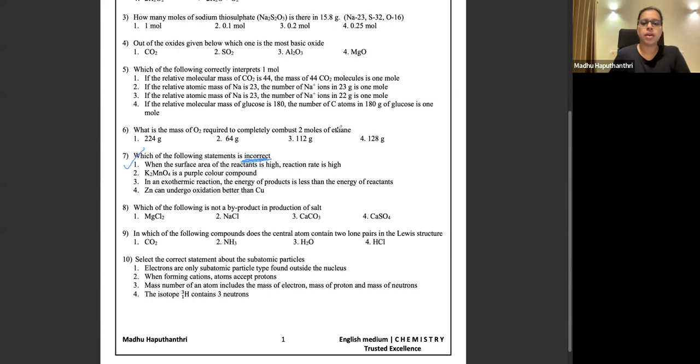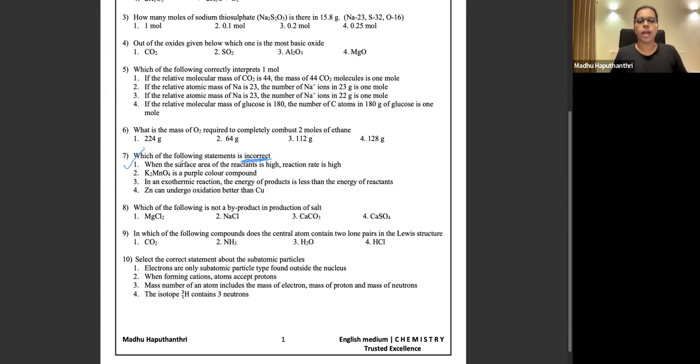So more products getting formed within a given amount of time means the rate is high. Always, the rate is how many products you can form within a given amount of time.